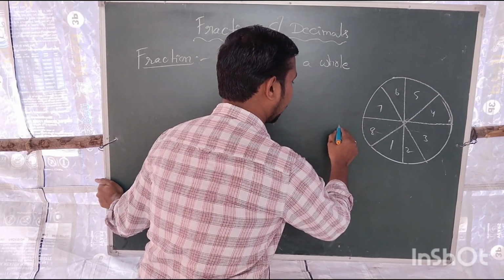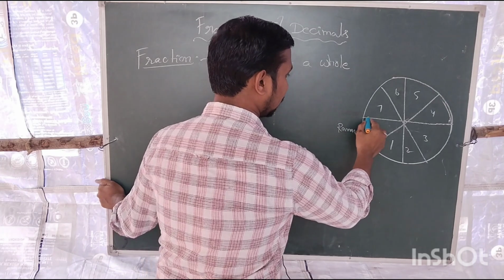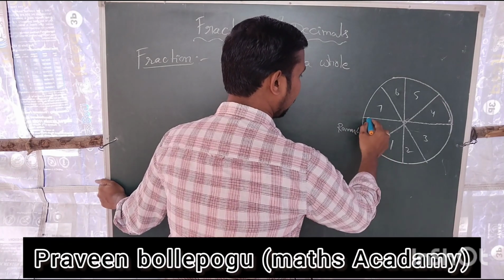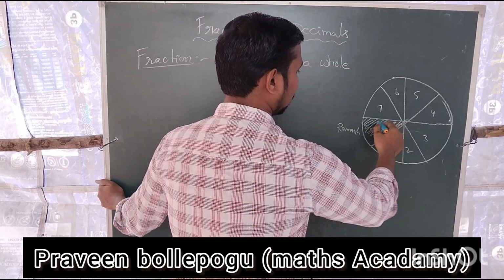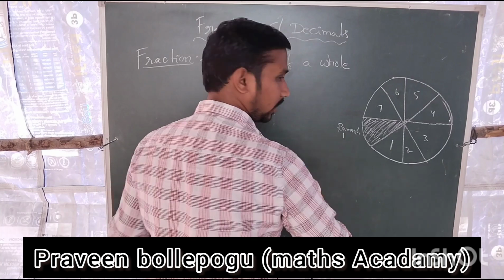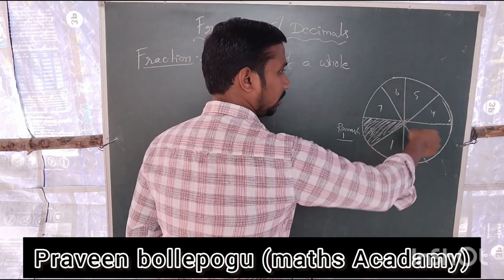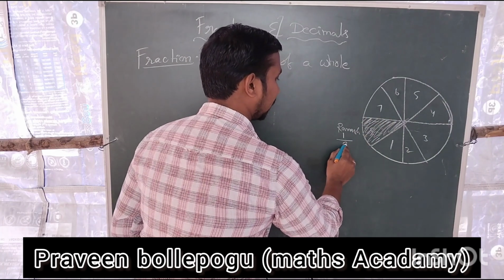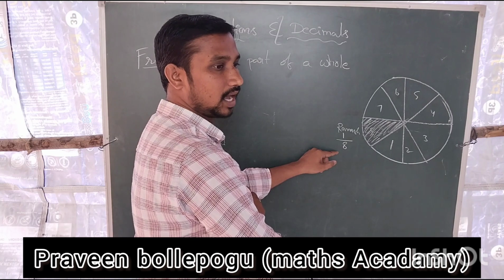For example, your friend Ramesh has one part of the cake. This is the shaded part, children. How many parts have you given to your friend Ramesh? One part only. And in total, how many parts have you divided? 8 parts. So 1 by 8. Ramesh has the 1 by 8 part of the cake.